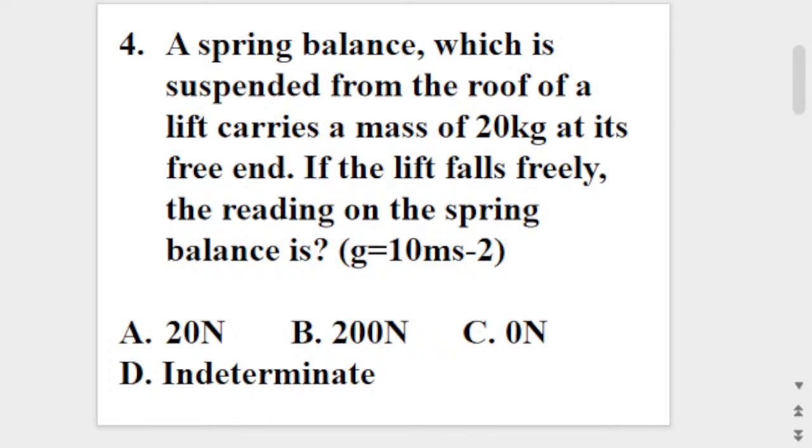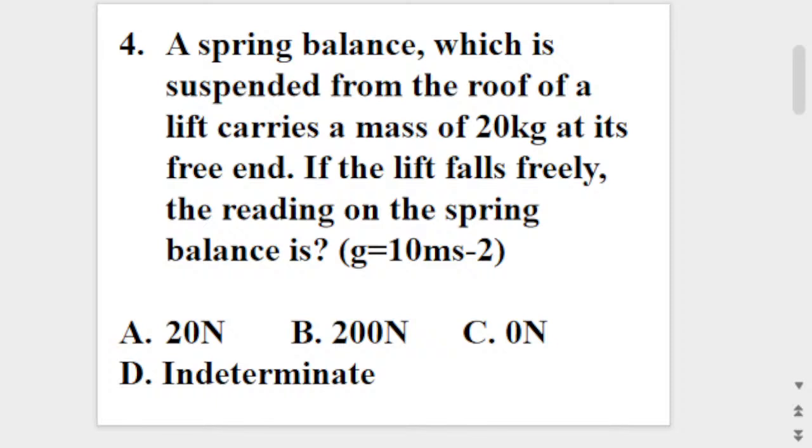If a lift is moving up, the formula to use will be this. For upward motion, T, that's the reading of the lift, minus mg, that's the product of the mass of the object or the man and the acceleration due to gravity, is equal to ma. This is for upward movement.